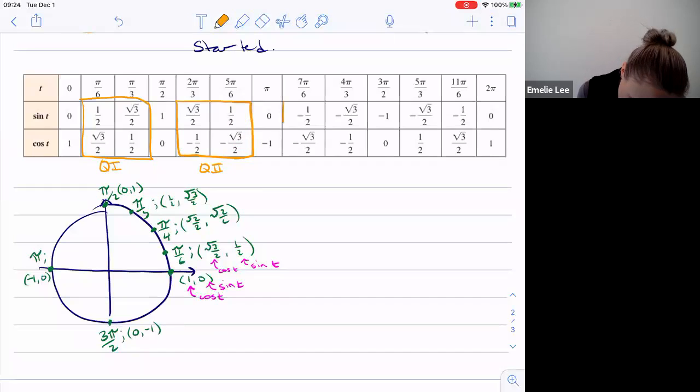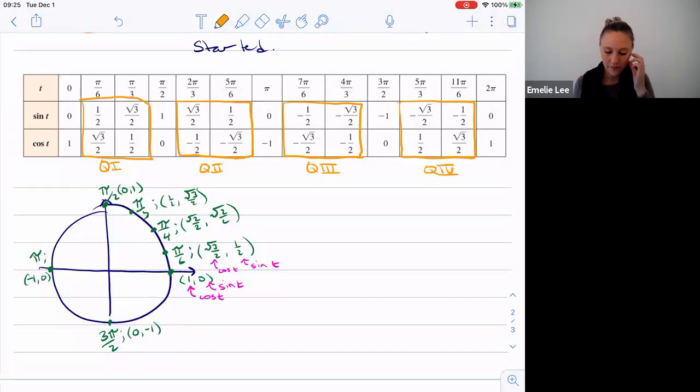If we keep going, we get through Q3, and then finally Q4, right? So what happens is we're just looping through the circle, and then once we hit 2 pi, we're back to where we started.